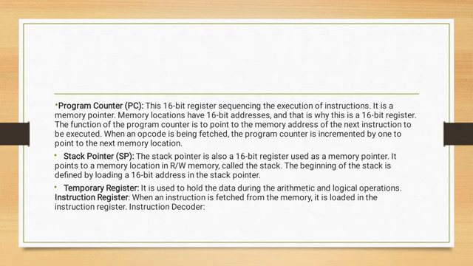It is a memory pointer. That means if we want to point to a particular memory location, then the PC is used. The memory locations have 16-bit addresses, and it is also a 16-bit register, and it always holds the next memory location by incrementing by 1.